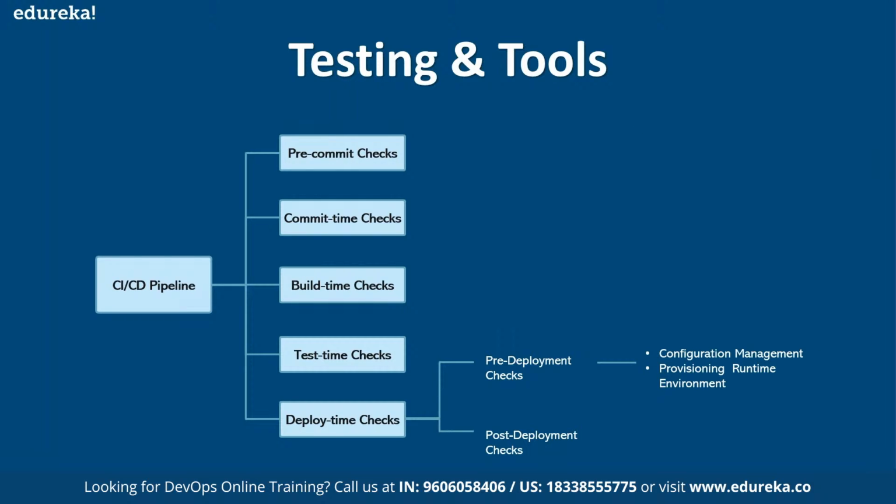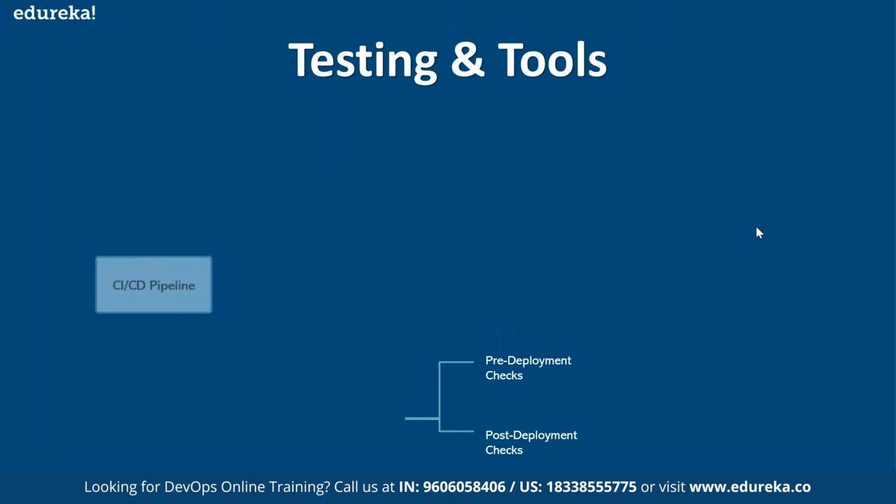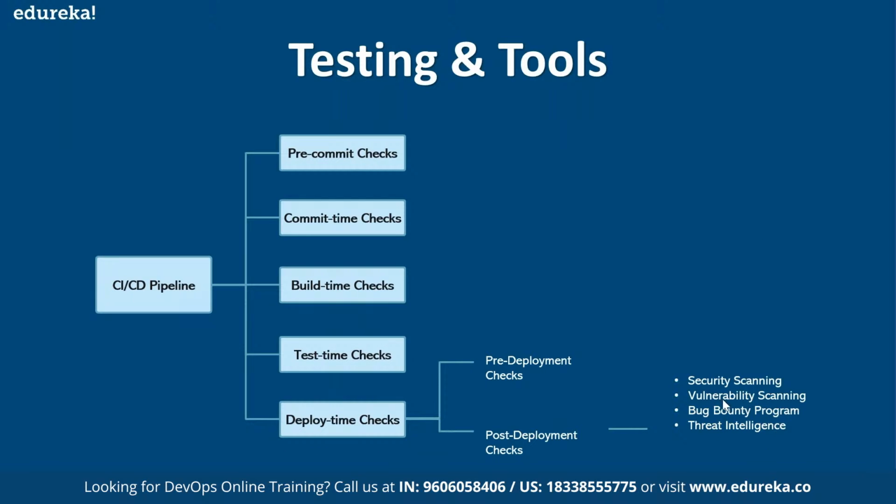On the cloud, right guys? So we need configuration management testing also, because we are not aware where it's being hosted. It might have some security issues. Post deployment, we will have a bug bounty program, threat intelligence, vulnerability scanning, and security scanning. That is your application level scanning.